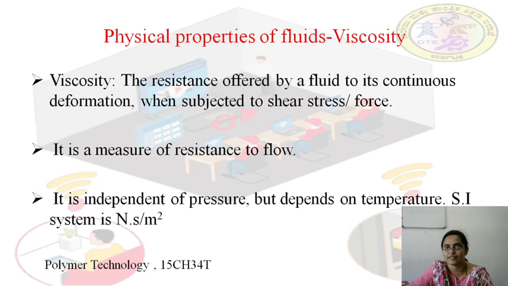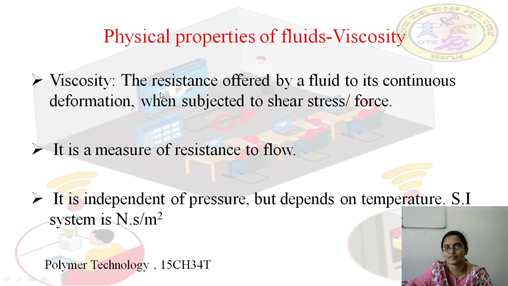Next slide, we are going through viscosity. So viscosity, what is viscosity? Viscosity is resistance to flow. If any fluid offers resistance to the flow, it is called viscosity. It's a measure of resistance to flow.